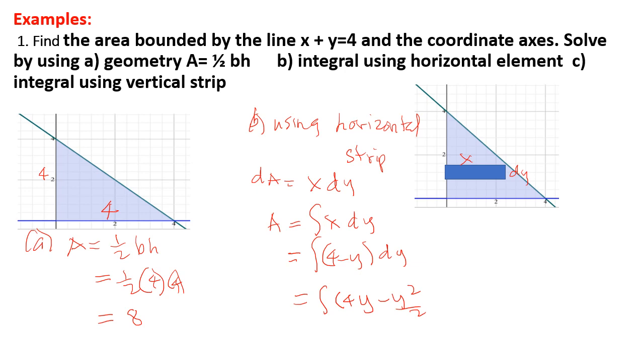So this one is no longer an integration, with the limits from 0 to 4, the y is 0 up to 4. Substitute 4 for y: 4 times 4 minus 4 squared all over 2, of course minus 0. So that is equivalent to 16 minus 8. So this one is 8.